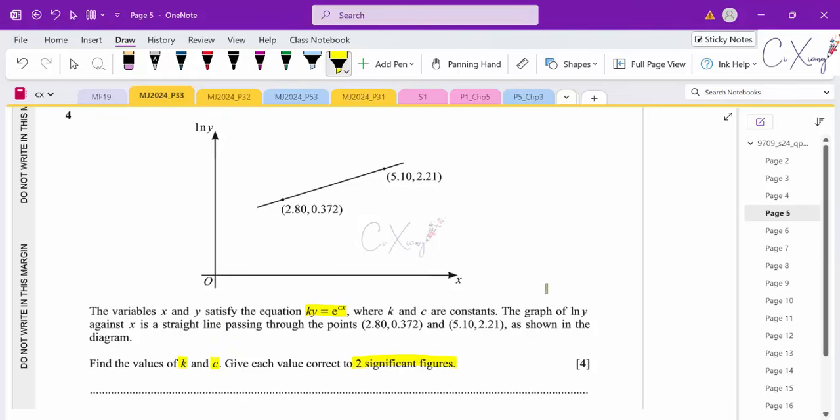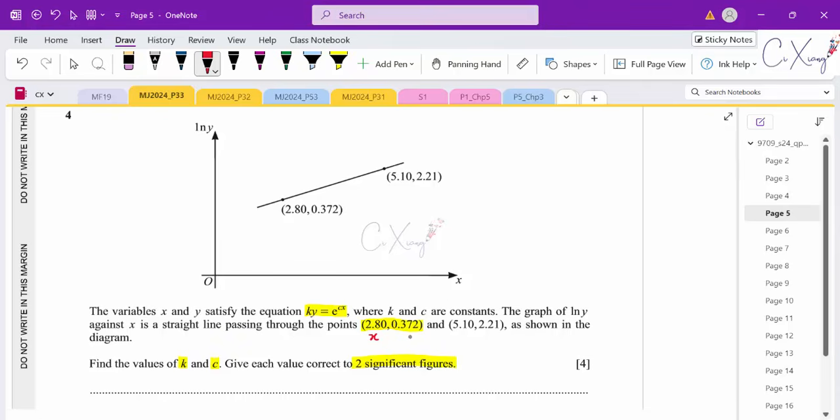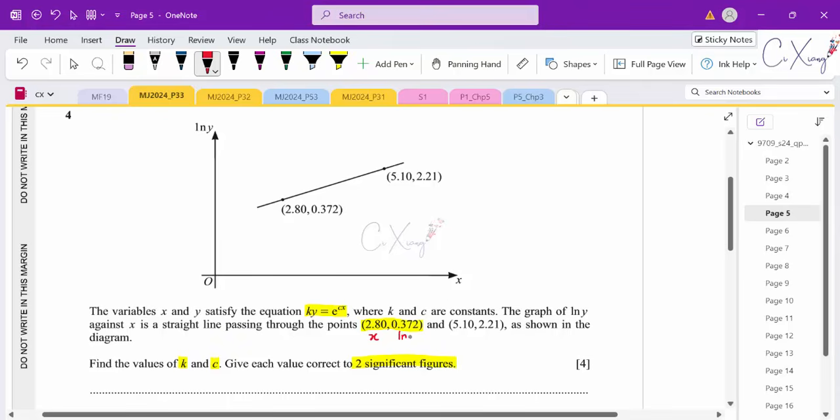Okay, and then just to emphasize here, the values that they give you here in the coordinate form, the 2.8 is still the x because your x-axis is x. And then the value 0.372 is basically the value for ln y because your y-axis is ln y. So you need to take note of this.